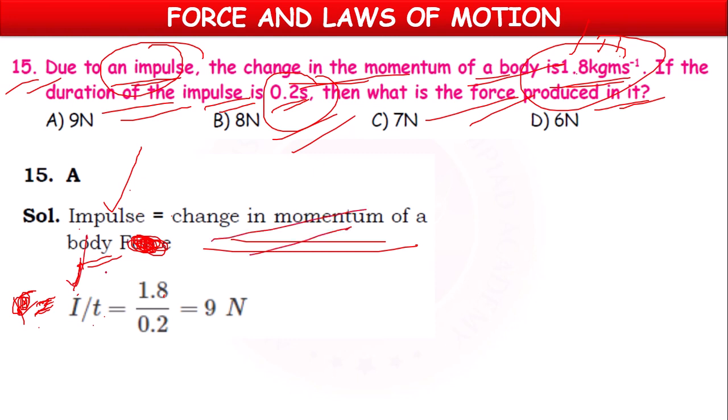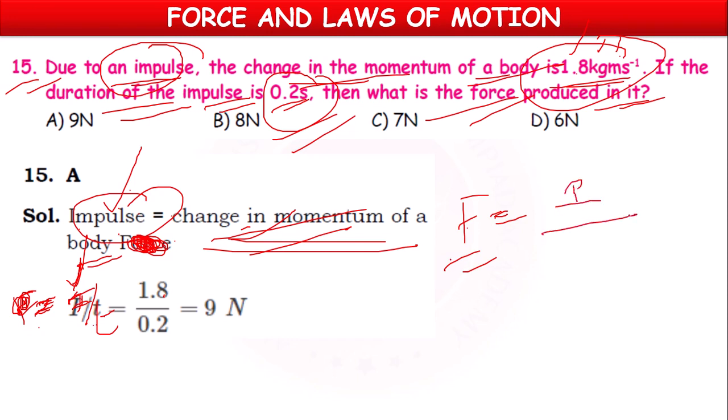Change in momentum is nothing but impulse. It is denoted by the symbol I, and I by t, impulse by time, or rate of change of momentum is called force. We have defined force as rate of change of momentum, means change of momentum, which is impulse, by time.